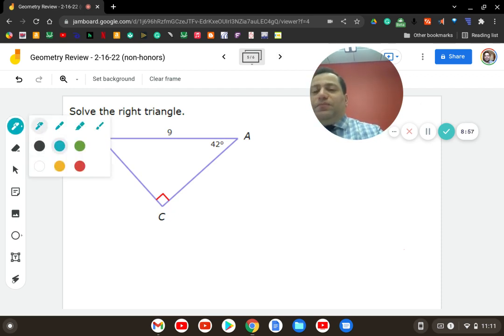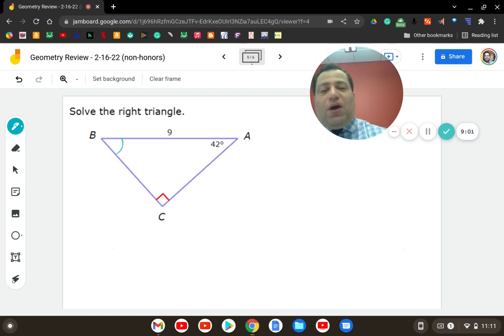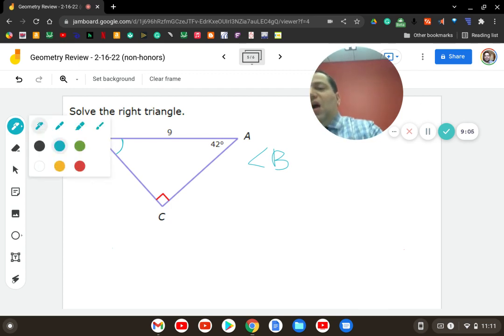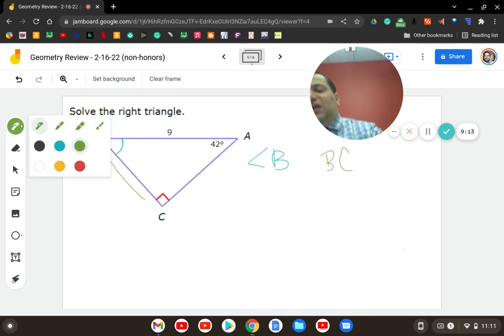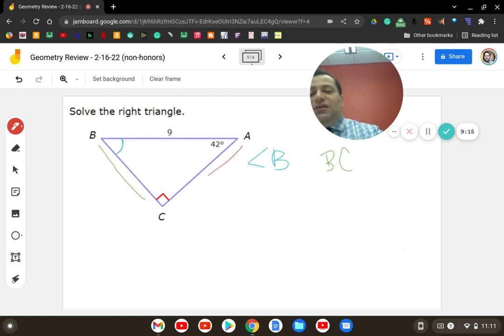So for example, I know that I'm missing angle B in this problem, so I should put it on my list of things to find. I also can see that I'm missing side BC, so I'll put that on the list of things to find. And finally, I can see that I'm missing side CA. And we'll do that in red.